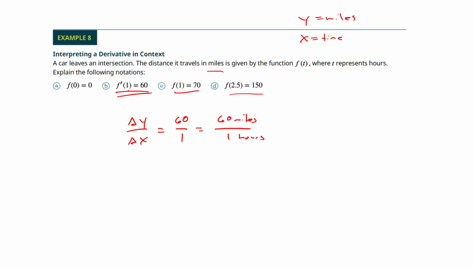So when we have traveled 1 hour, what we're getting out is a velocity, 60 miles per hour. It's a slope, 60 miles per 1 hour, the same thing as 60 miles per hour. When you put this into the derivative formula, you're getting out velocities. You're getting out instantaneous rates of change.